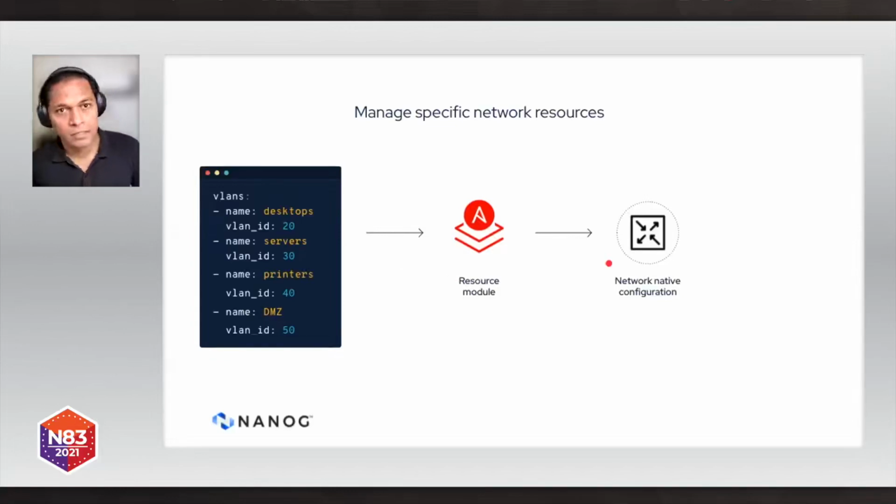The advantage is the operator doesn't have to have knowledge of the device-specific CLI commands needed for config management. All they need to do is change the data, or the source of truth, in structured format outside of the box, and the resource module will take care of the rest.